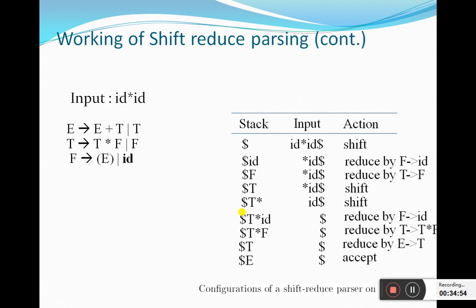In the next step, F is a handle again; we apply reduce by T arrow F, replacing F by T. So dollar T star id dollar.